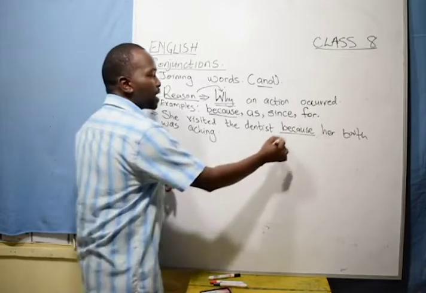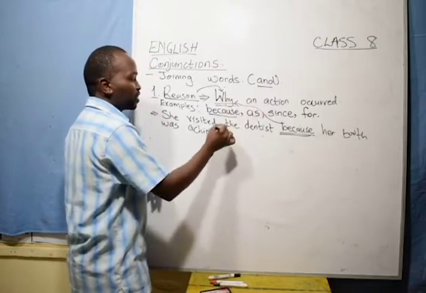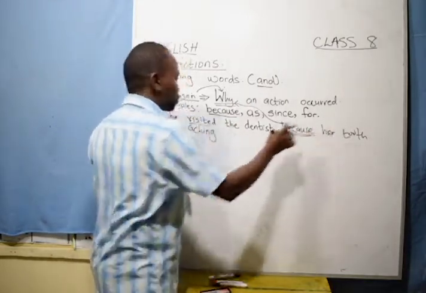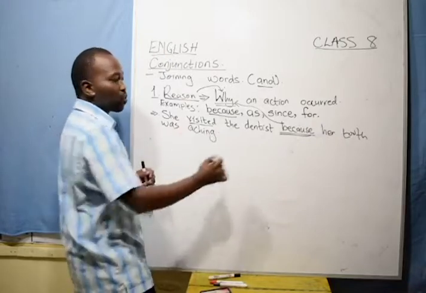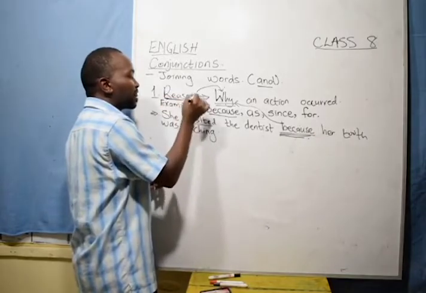So the word because tells us why did she visit the dentist. Why? Because her tooth was aching. So, because is a conjunction of reason, giving us the reason she visited the dentist.